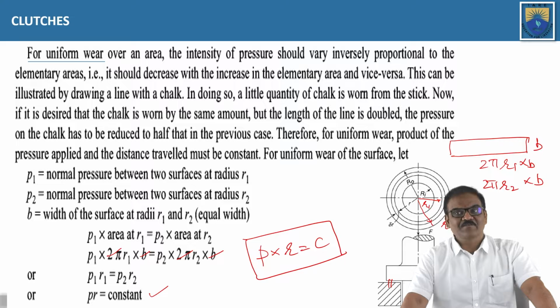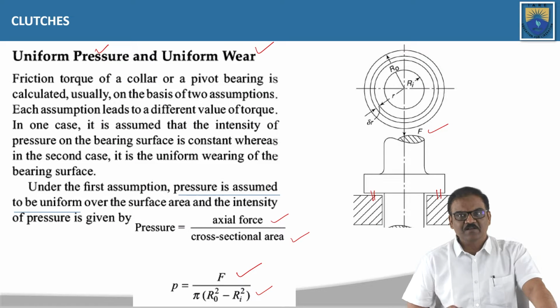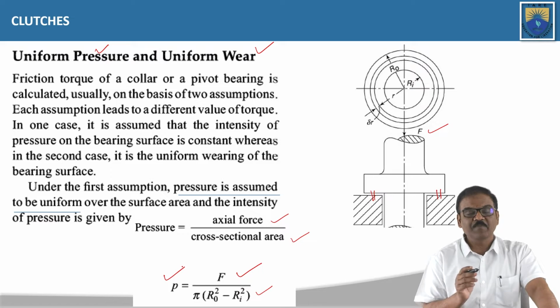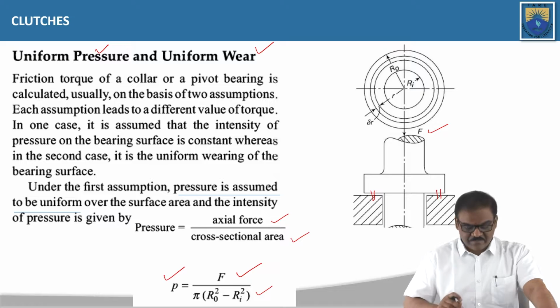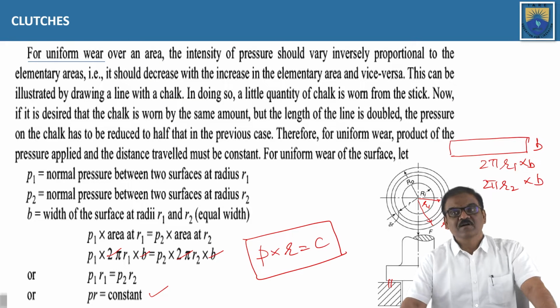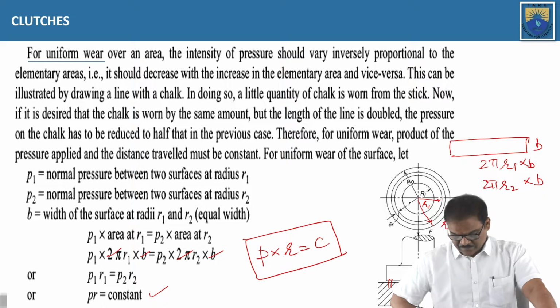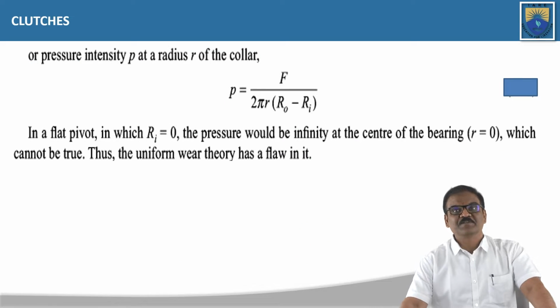What is constant in uniform pressure? Under uniform pressure, P is constant; pressure intensity is constant. But in case of uniform wear, P into R is a constant. Further to this, the pressure intensity P at radius R of the collar is equal to load by area, F by 2 pi R into R naught minus Ri.